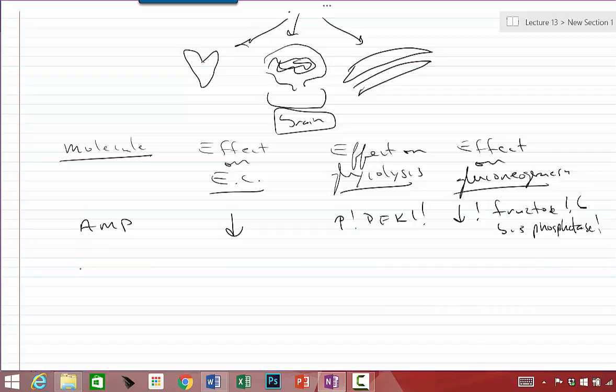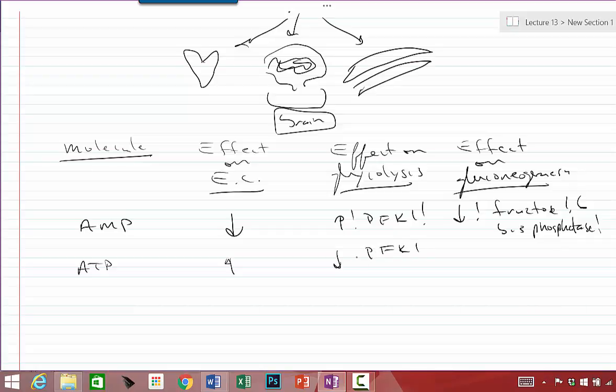Okay, what about ATP? ATP, as you can imagine, if you have increased levels of ATP, that's going to increase your energy charge. So the numerator is going to increase in that equation for energy charge. The effect on glycolysis is to decrease phosphofructokinase 1, PFK1. I have trouble spelling and talking at the same time.